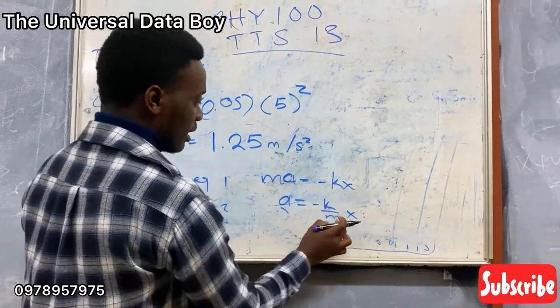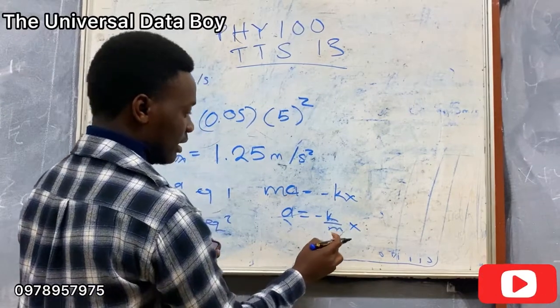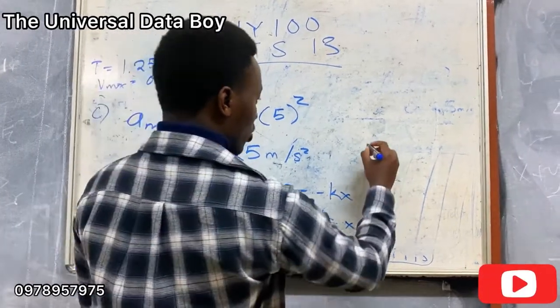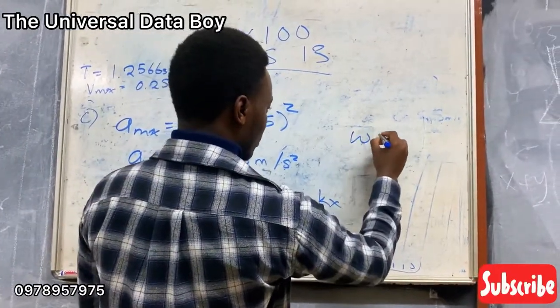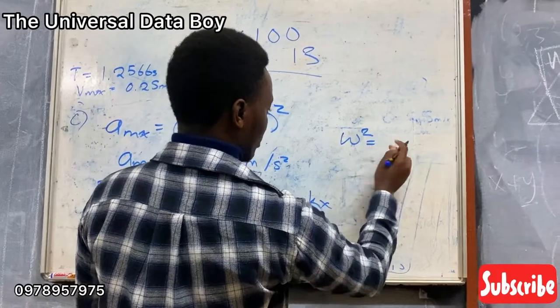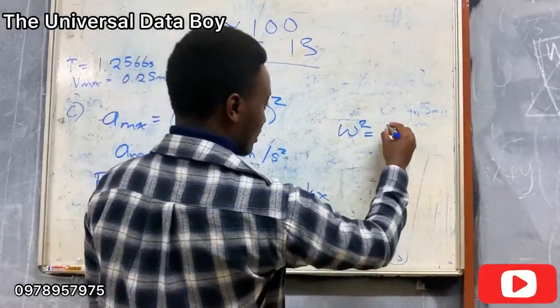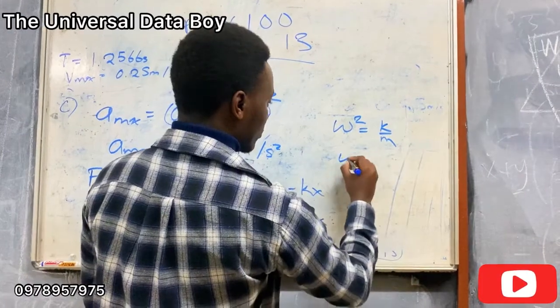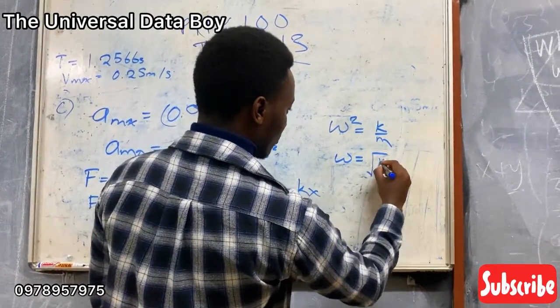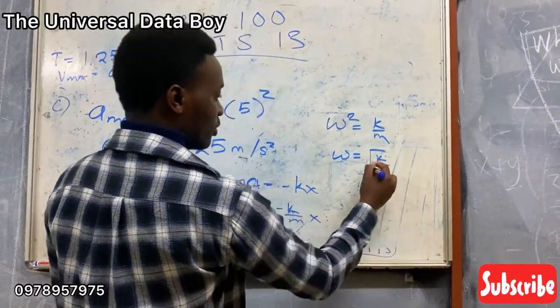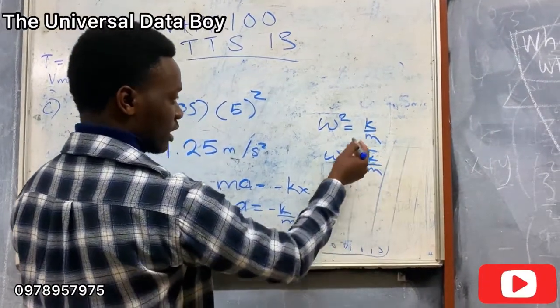Now remember, this K over M is there in this formula: omega squared is equal to K over M. Others know it as omega is equal to the square root of K over M. When you get the square root of both sides, you're going to get this.